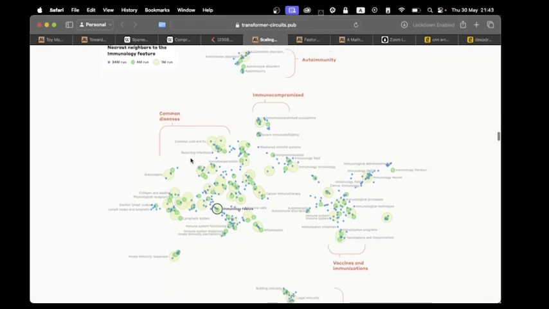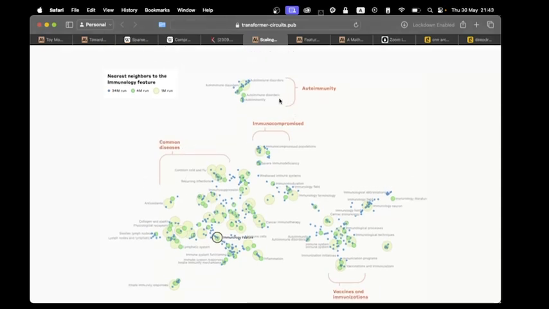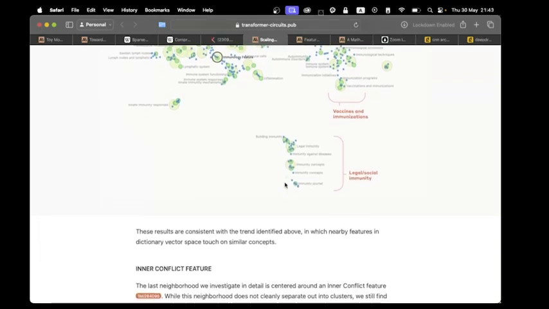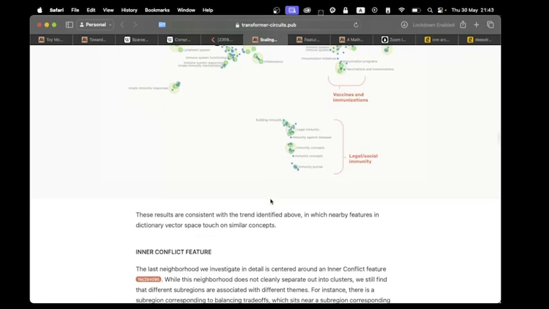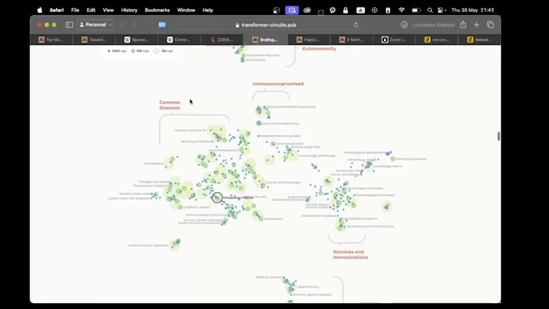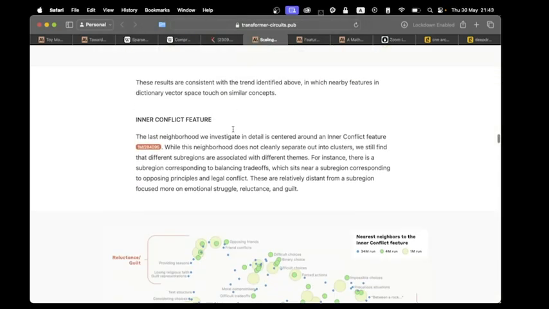So common cold and flu and common diseases, and autoimmunity is a different cluster, so something's going on here. And the interesting result is that this works at all. Because this is something very neat where there is little a priori reason to expect something so neat.